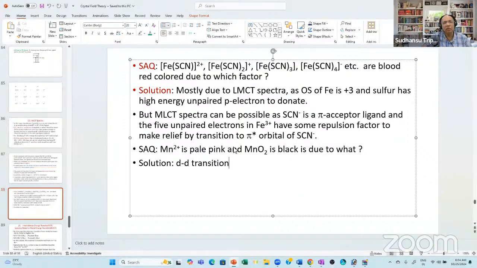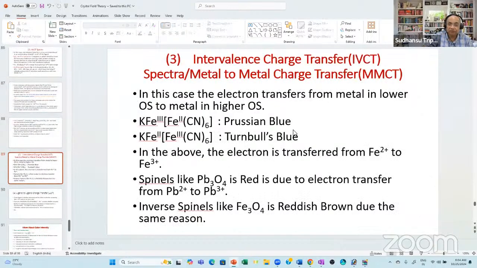There the peak has been found to be less intense and therefore it cannot be due to CTS. It is due to d-d. And this black means it is absorbing all, so that also is due to d-d transition. You must remember. But Mn(VI) green, Mn(VII) purple permanganate, these are due to CTS.